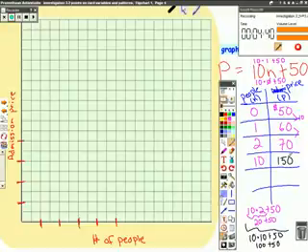And you'll see why I'm doing that in a second. So for number of people, let's count by twos. So 2, 4, 6, 8, 10. That gets up to my 10 people. For my price, we had to get up to 150.